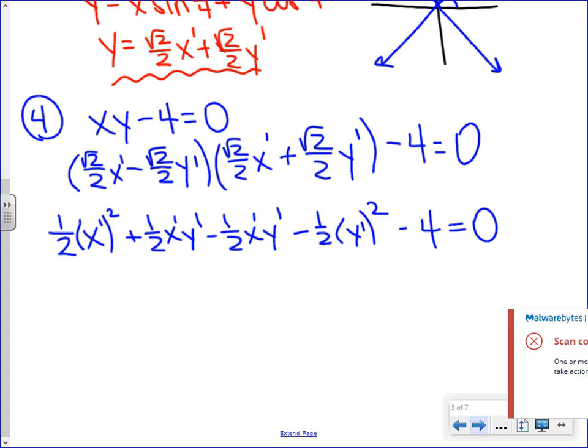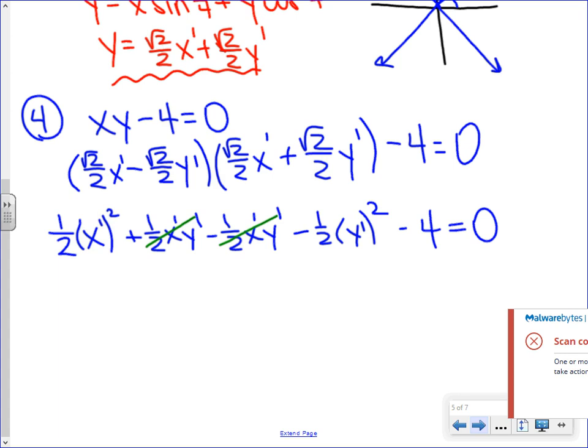Yep. Okay, this should happen. If your XY terms don't cancel out, you have done something incorrect in your algebra somewhere. They should always cancel out.